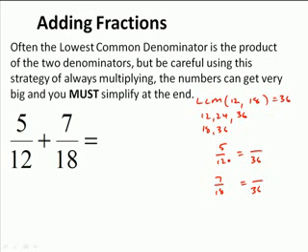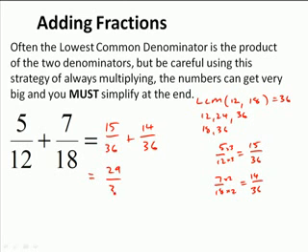So 5/12, obviously I've multiplied the bottom by 3, so do the same to the top. So it's 15/36. 7/18 I've multiplied the bottom by 2, so do the same to the top. It's 14/36. Then I can write them as 15/36 plus 14/36 equals 29/36, which you should then simplify, but 29 is a prime number, so that is in simplest form.